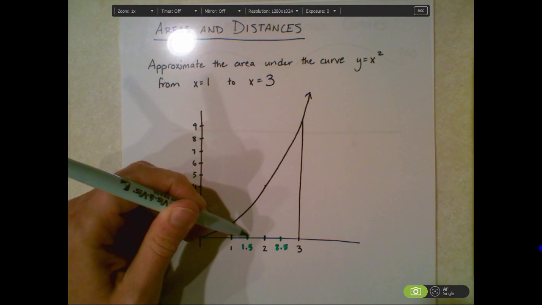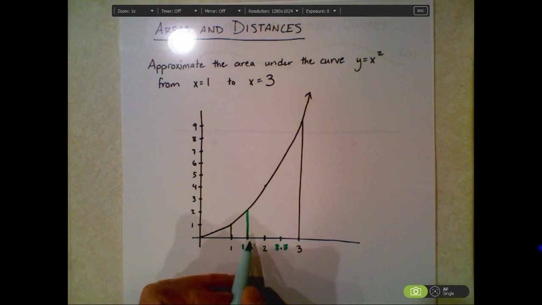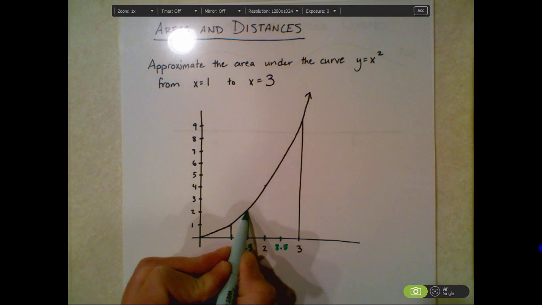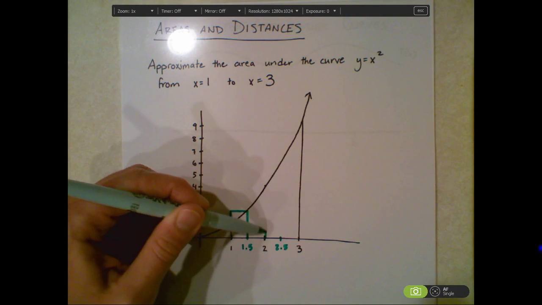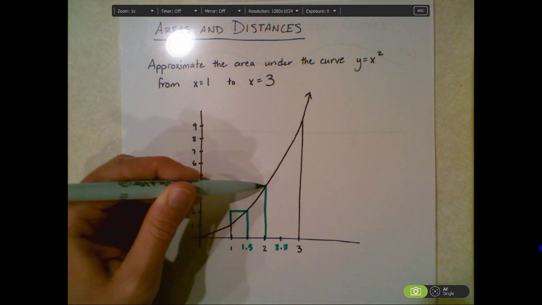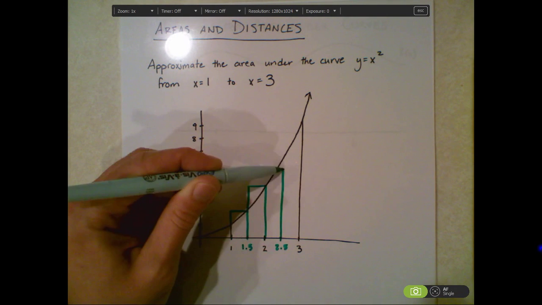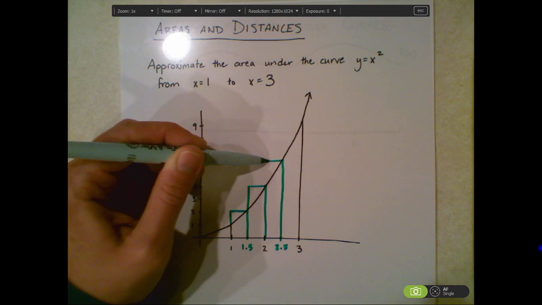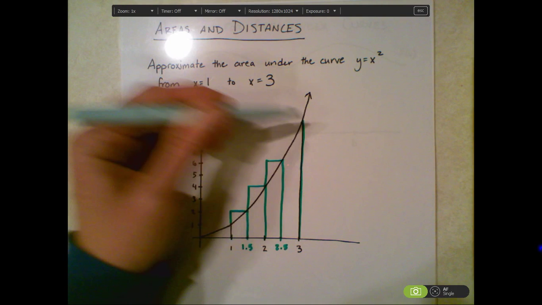And the question is, how tall do you want your rectangle to be? We're going to start by using the right side of each rectangle as its height. So the height at 2 is up here at 4, the height at 2.5, and then the height at 3 is all the way up at 3 squared, which is 9.